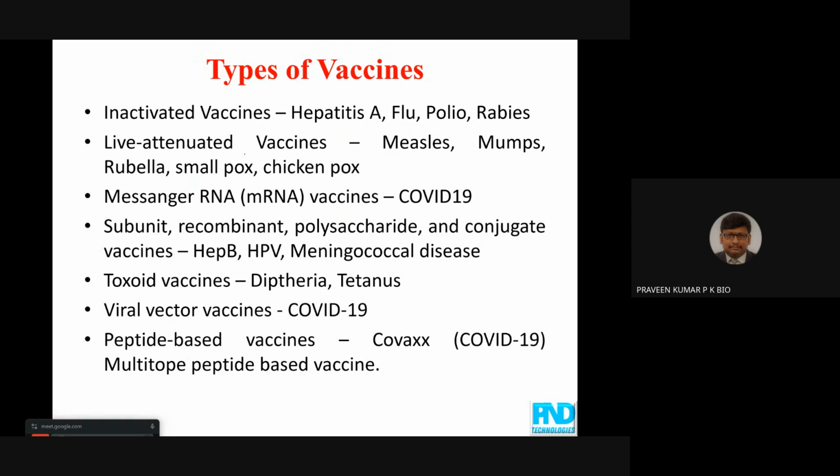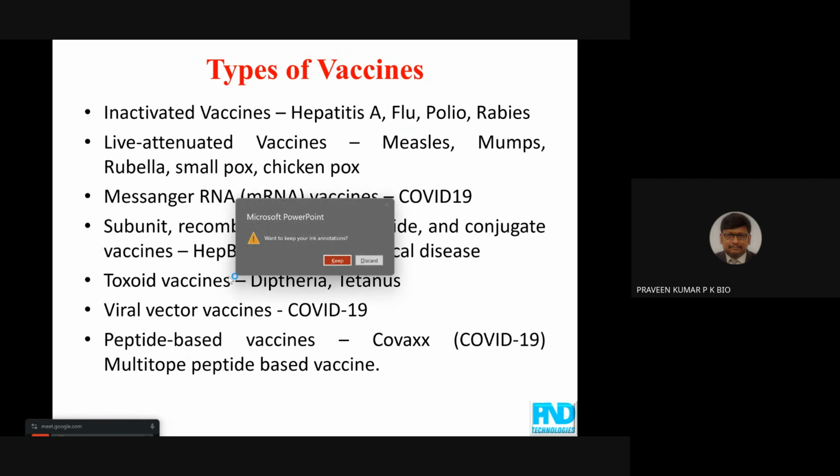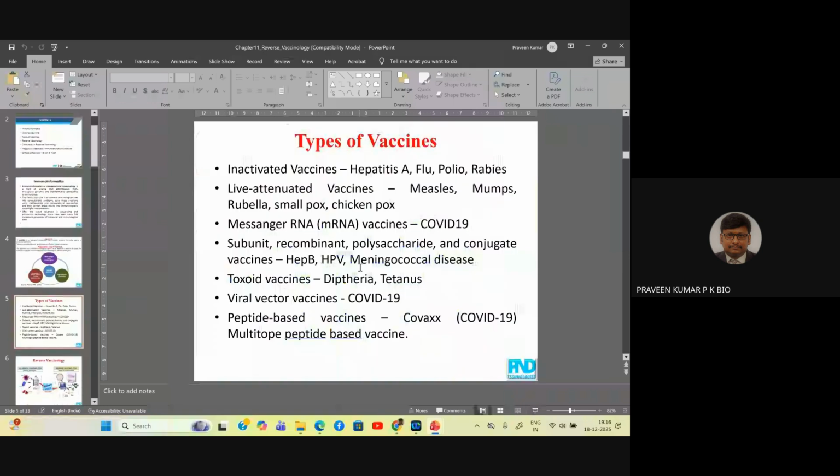Because nowadays everyone knows the difference between a vaccine, medicine, drug. These are the generic terms we use for the treatment of any diseases, isn't it? Can you tell me the difference between these two types of vaccines, inactivated and live attenuated?